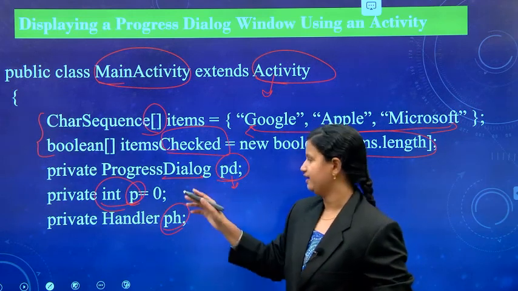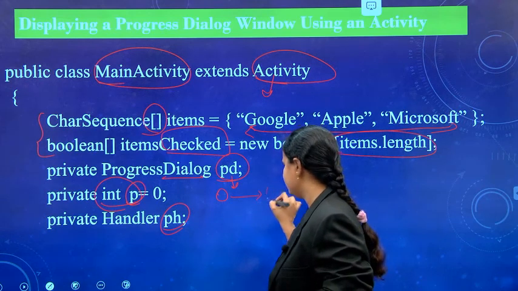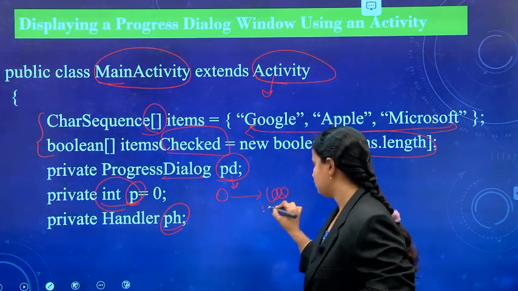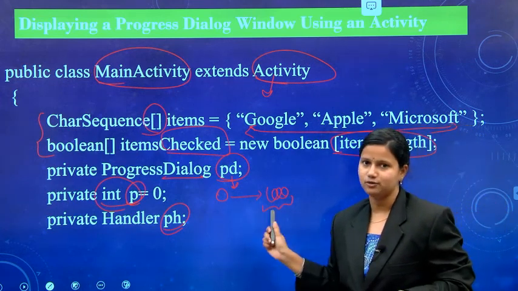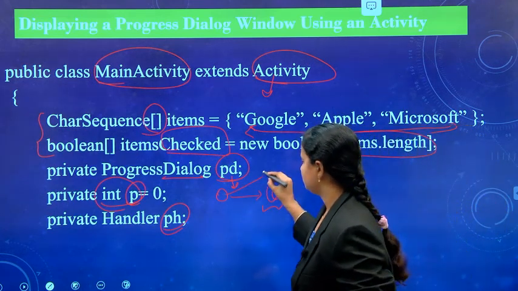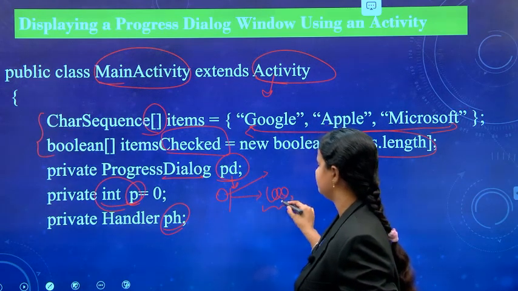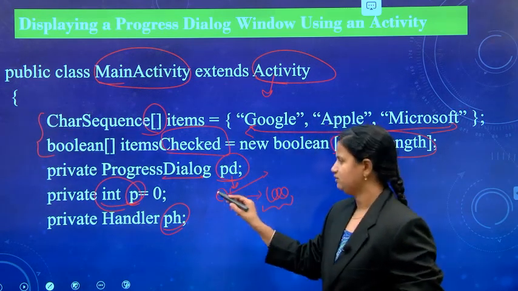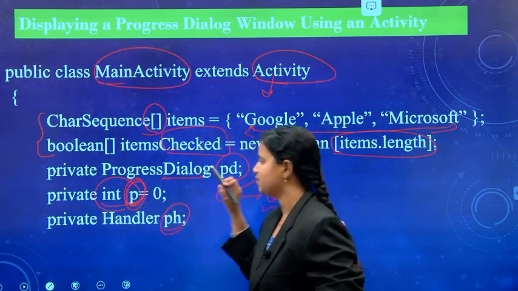For example, my progress starts with 0 and ends with 100. That means if it reaches 100, it is the total of the integer values. The progress will start with 0, 1 and end with 100, so it is used to measure the present progress status.